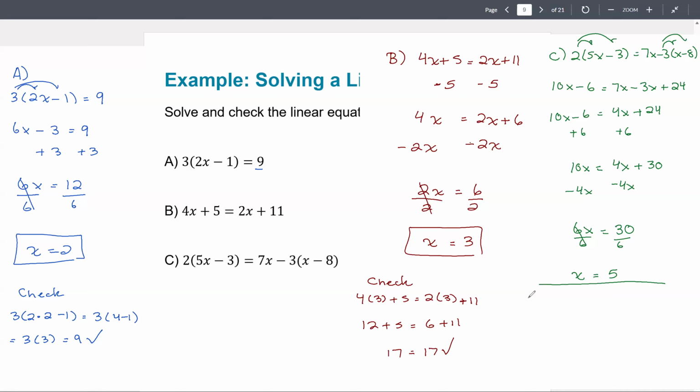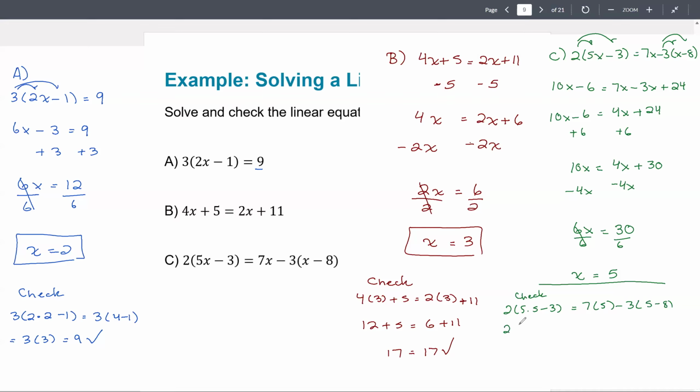Okay. Technically, we should check this one too, but I'm running out of room here. So I might have to just tell you to believe me, but let's see if I can check it quick. So check 2 times 5 minus 3 equals 7 times 5 minus 3 times 5 minus 8.